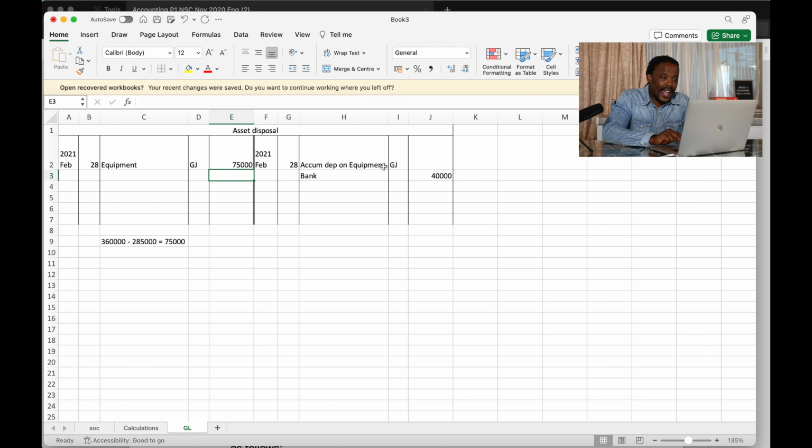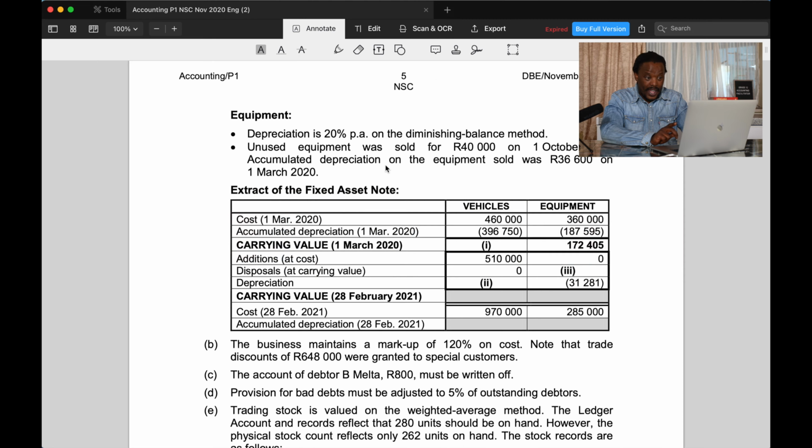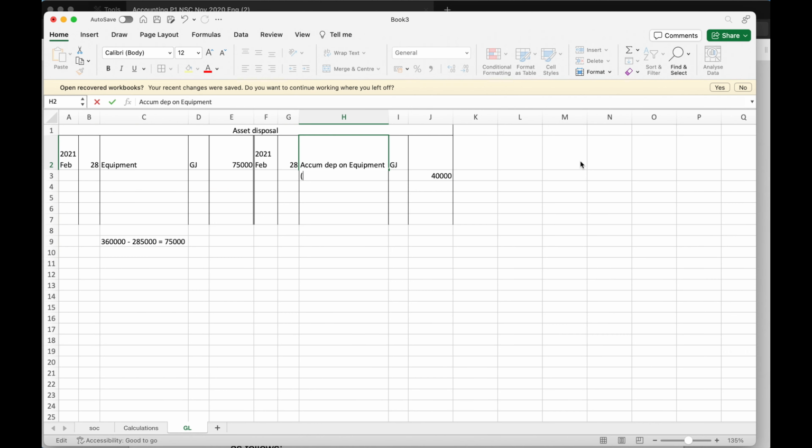But now the examiners gave us the accumulated depreciation on this asset disposed of at the beginning of the year. They said accumulated depreciation on the vehicle sold was 36,600 at the beginning of the year.